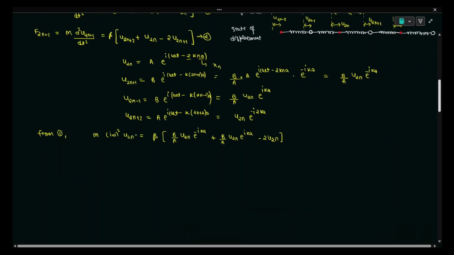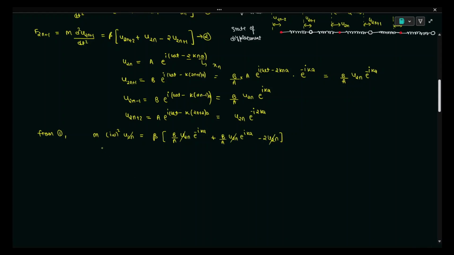So I can simplify this by just cancelling u2n from both sides.